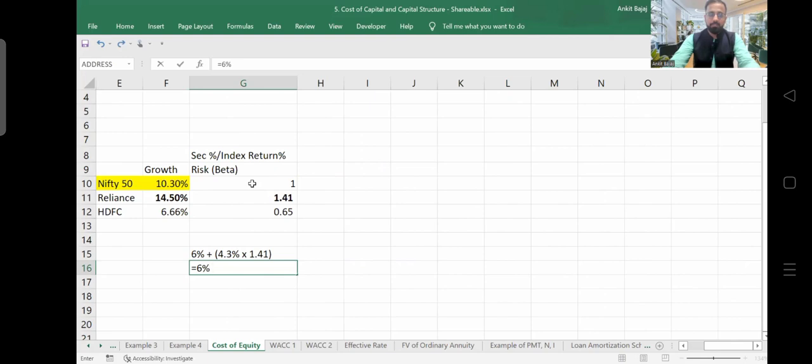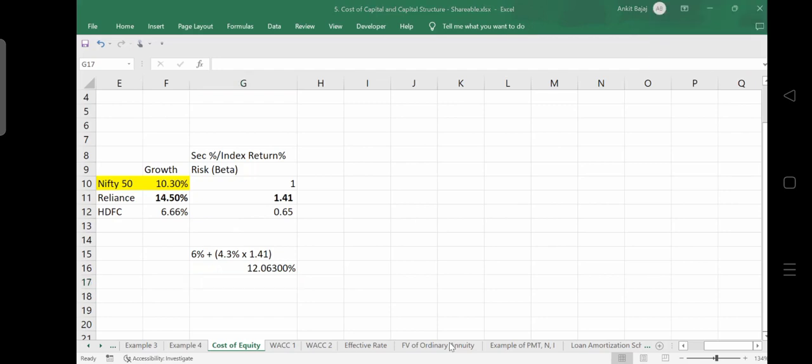So here, what is going to be the cost of equity? It's going to be 12.63%. You just see the data here, so you will get the clarity.